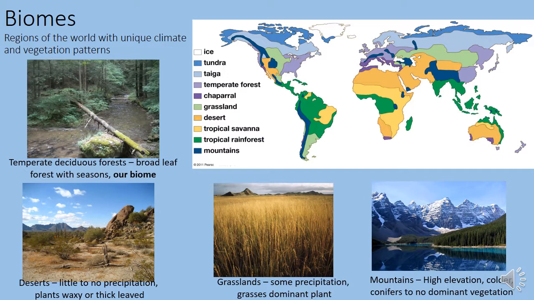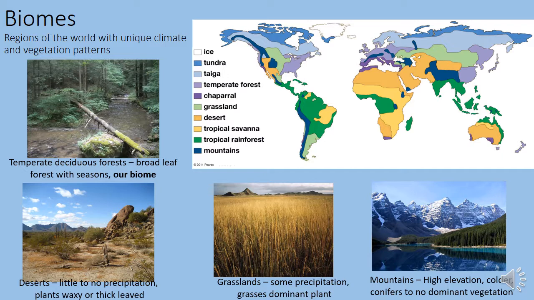And if we go up in elevation, up into the mountains, mountains get colder as they go higher. So at high elevation, you're going to have coniferous forest in the mountains. And if you go higher still, I believe it's around 12,000 feet, above that you're going to end up with no vegetation at all.